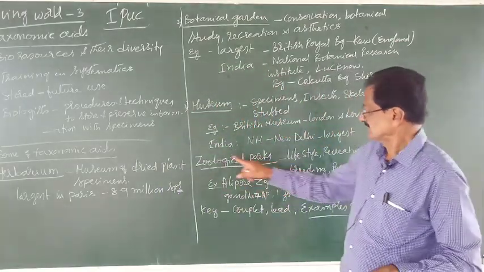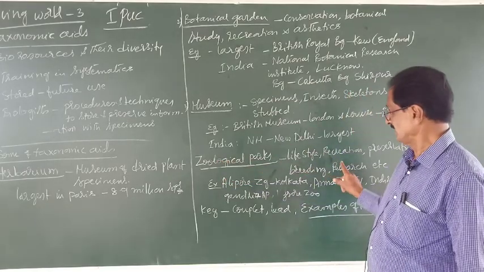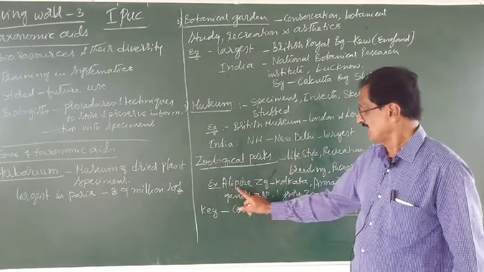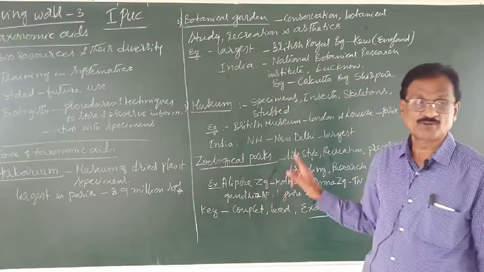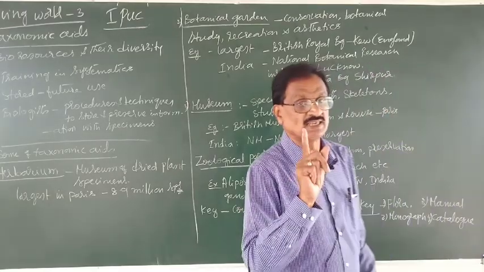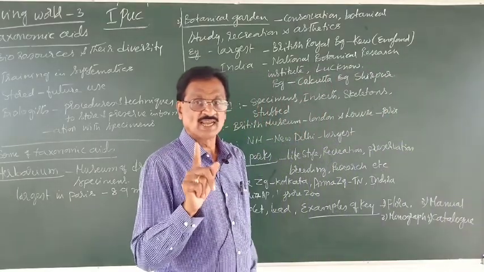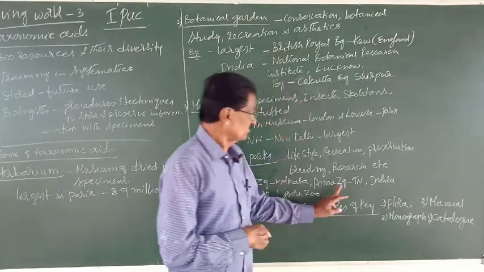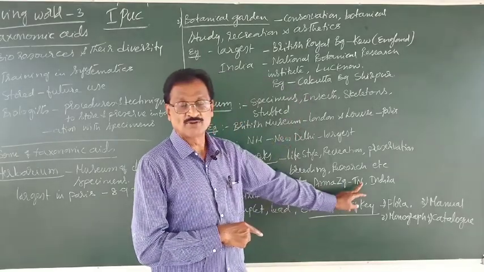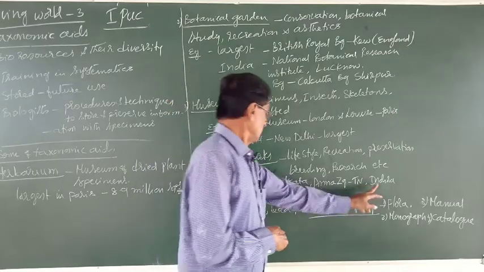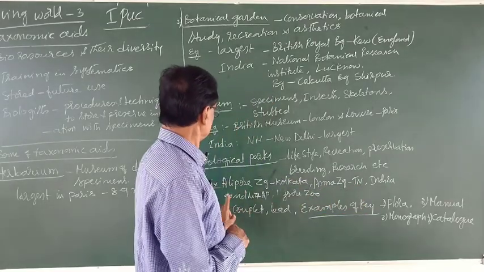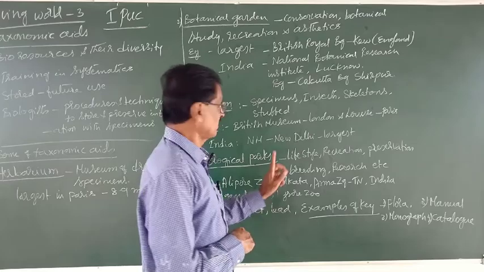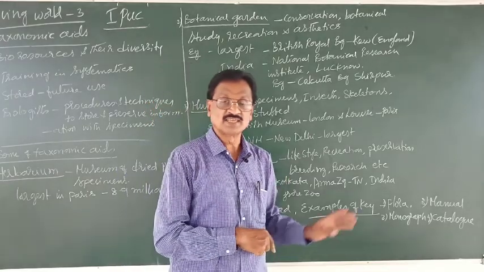The famous zoological gardens in India are Alipore Zoological Garden found in Kolkata, which is of course the largest one. And then Anna Zoological Garden found in Tamil Nadu. Then Indira Gandhi Zoological Garden found in Andhra Pradesh.